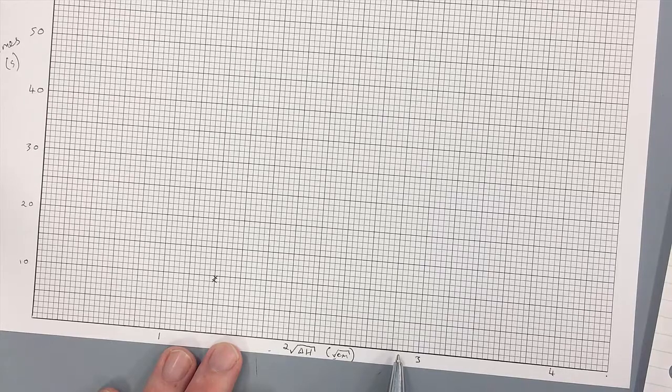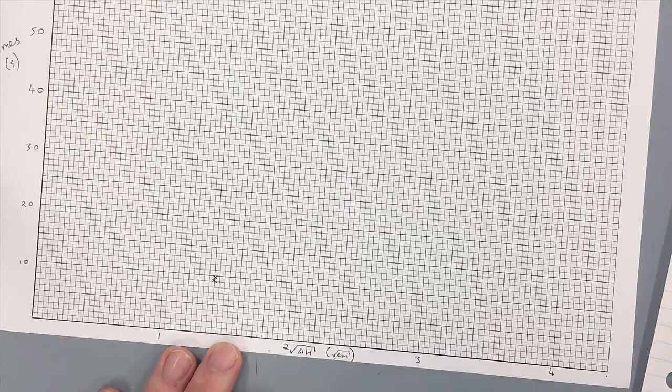Okay? Because when we go from 2.8 to 3 in 5 jumps, that's going to take 5 lots of 0.04 to get from the 2.8 to the 3. So it would be 2.84, 2.88, 2.92, 2.96, and 3.